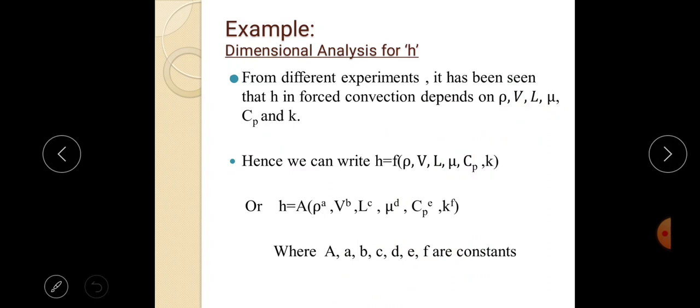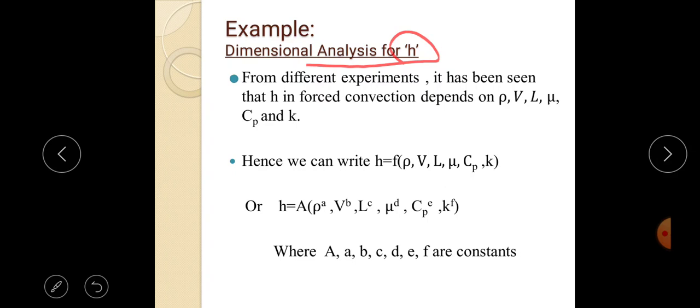Alright. Now we will see an example problem to demonstrate whatever we have discussed till now. We'll do a dimensional analysis for h, the heat transfer coefficient.